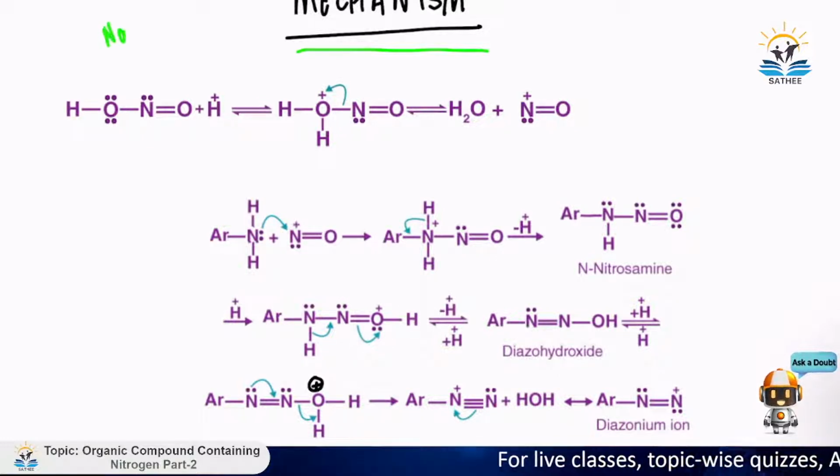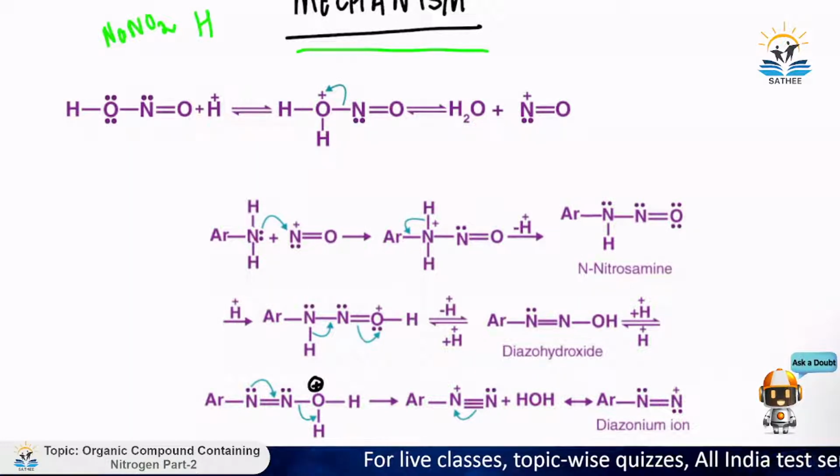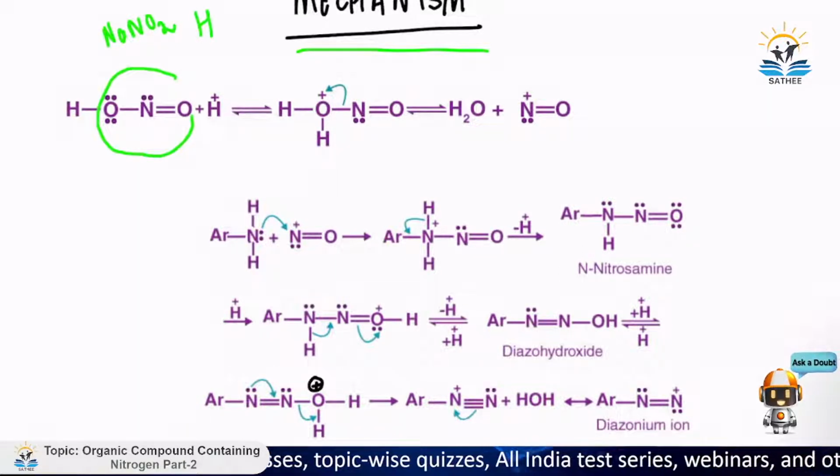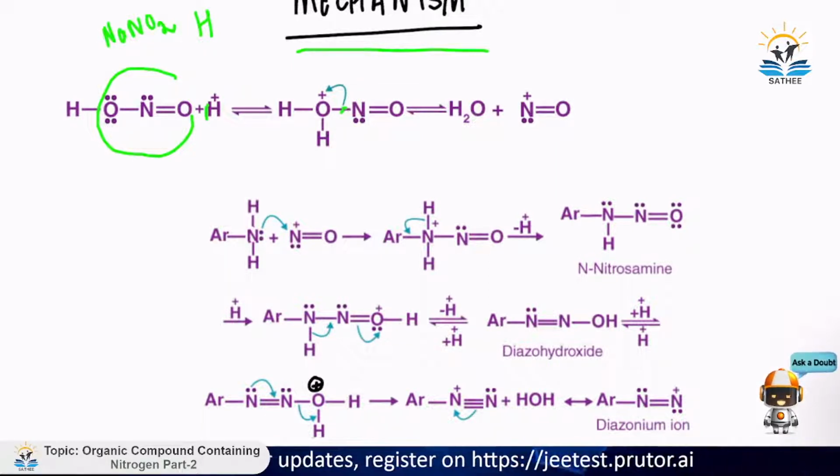So we had seen that we have NaNO2, and we have this in HCl. So this NaNO2 in the presence of HCl will form HNO2, and more H plus ion is there. So what will happen, that this double bond can come, this H plus will attack on this oxygen, since it needs electron, and oxygen wants to give its electron more than nitrogen.